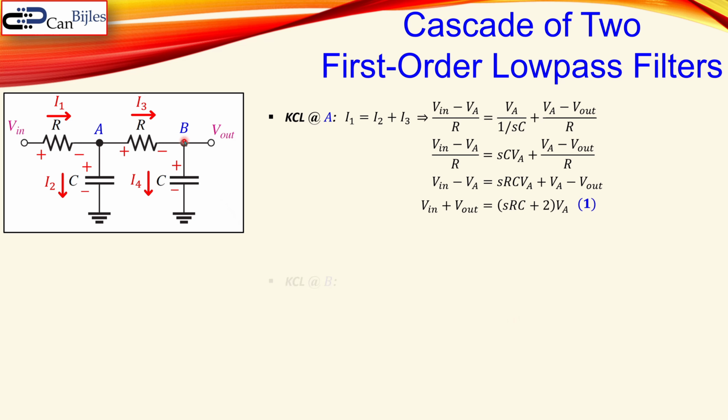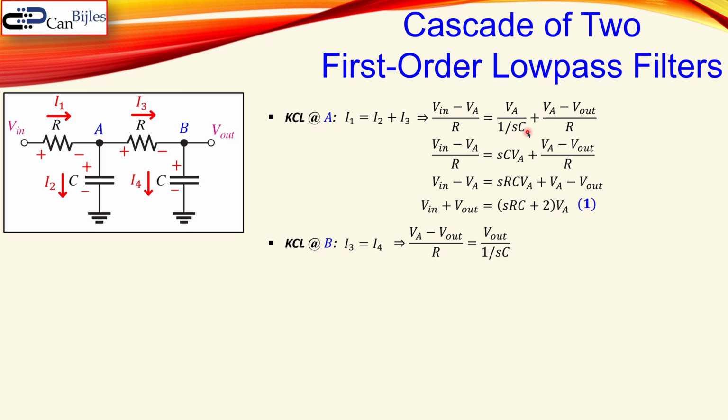Now going to the node B, which is the next equation we will use, that is then I3 is equal to I4. We know what I3 is, which is then VA minus V out over the resistor, is equal to V out over the reactance of this capacitor, which is the exact same as this capacitor, so 1 over SC.